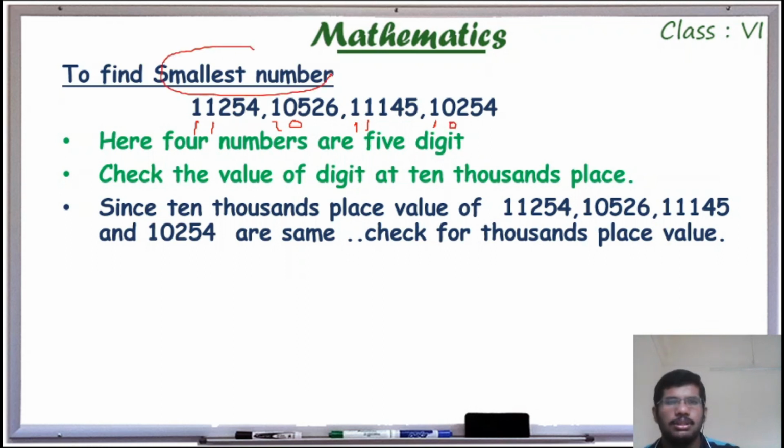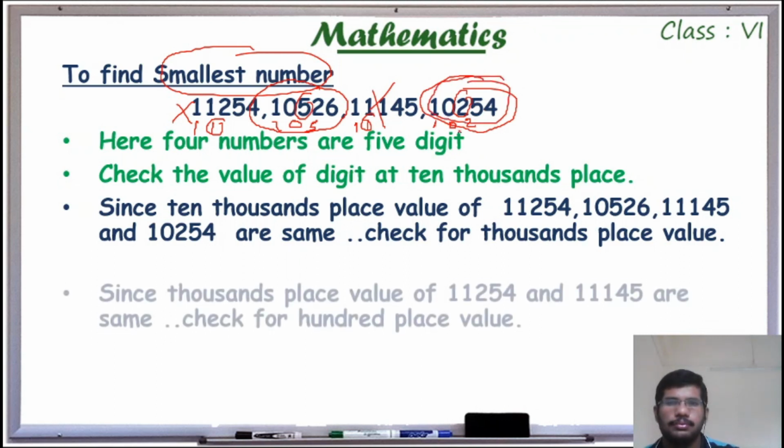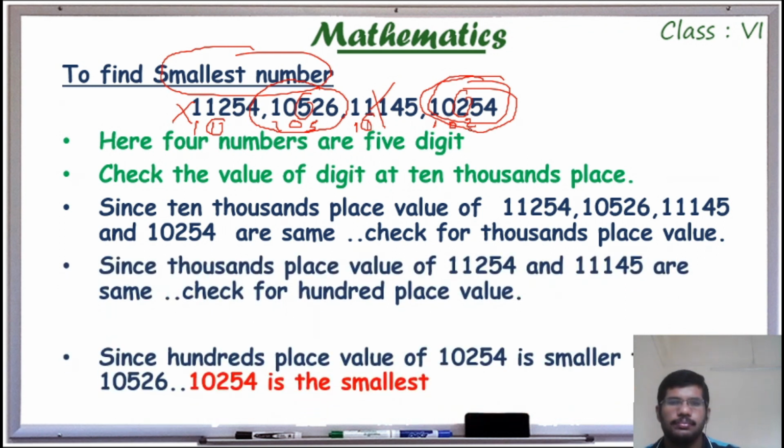We have to find the smallest number, so cancel the greater ones. Since it is 1, 1, these are not necessary. We have two zeros here, and since the thousands place value is also the same for these two numbers, check the next digit. Here it is 5, here it is 2. 2 is the smallest. So 10,254 will be the smallest number.